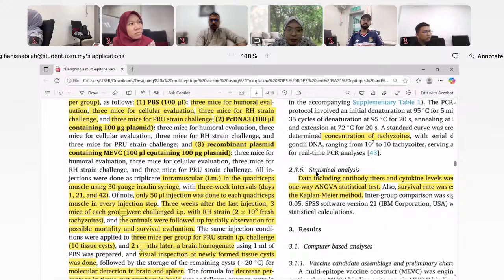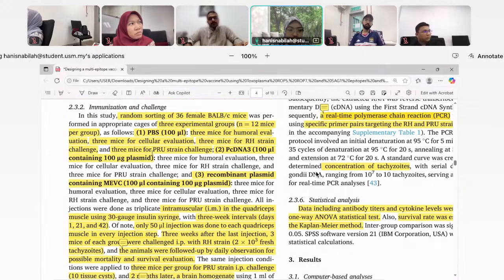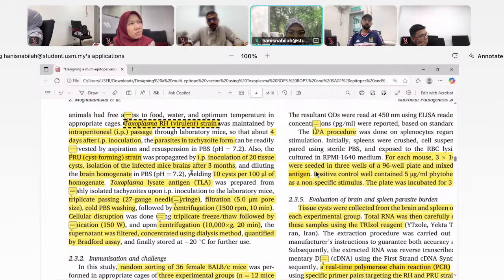Can I ask what RH and PRU are? RH and PRU are strains of the Toxoplasma gondii parasite. So there are different strains. Yeah, different strains, and also different kinds of infection.